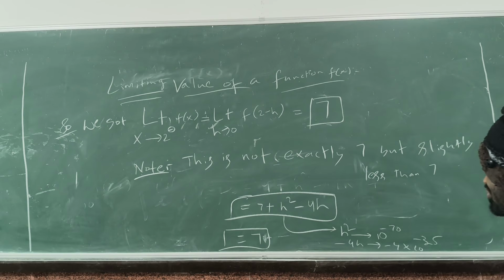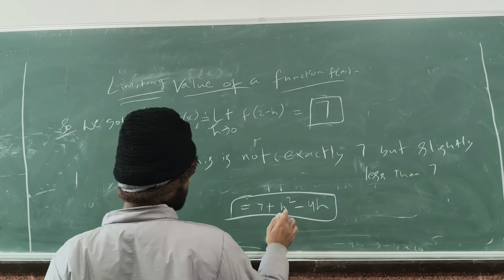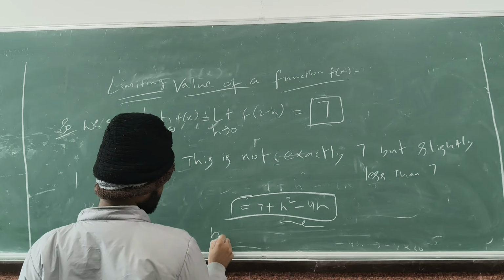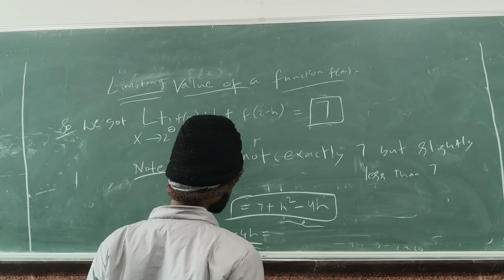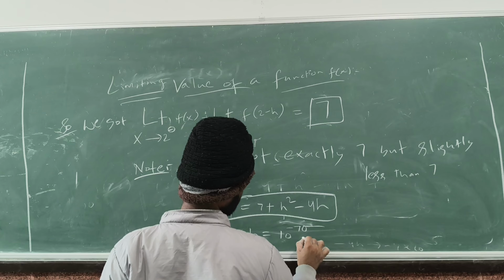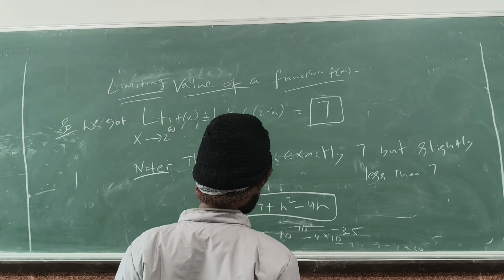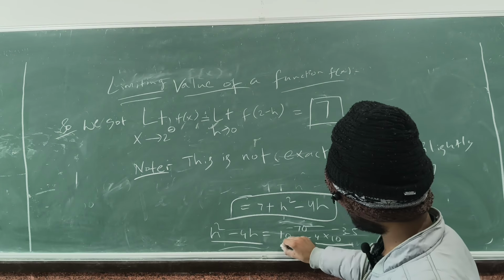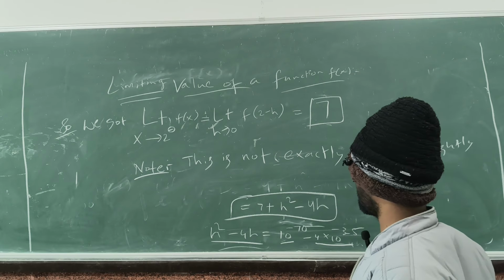Why? Because you can see here, because of this extra quantity h square minus 4h, which is 10 power minus 70 minus 4 into 10 power minus 35. 4 into 10 power minus 35 is always greater than 10 power minus 70, so this is a negative quantity, less than 0.